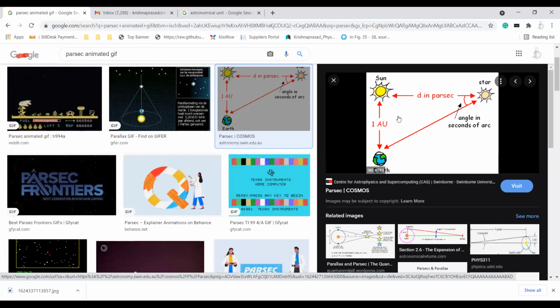And suppose we are measuring the distance from the Sun to any other star which is not present in our universe, okay, or you have heard about the clusters of stars, right?